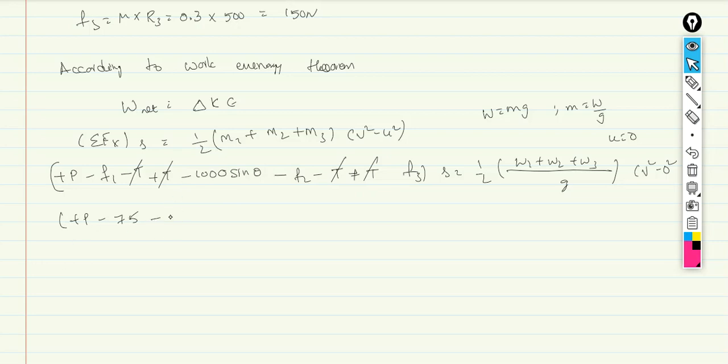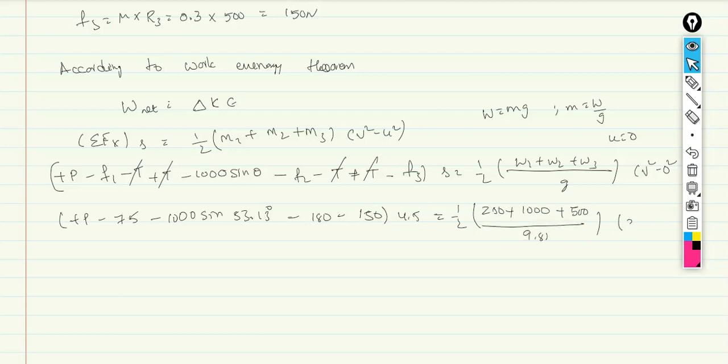So minus 1000 sine 53.13 degrees minus F2 is 180 minus F3 is 150 Newton, and displacement is 4.5, and half. W1 is 250, W2 is 1000, W3 is 500, whole divided by 9.81 into 3 square, because V is equal to 3.